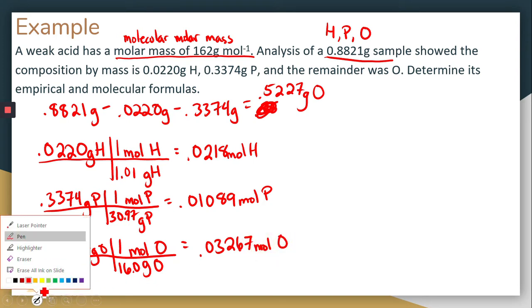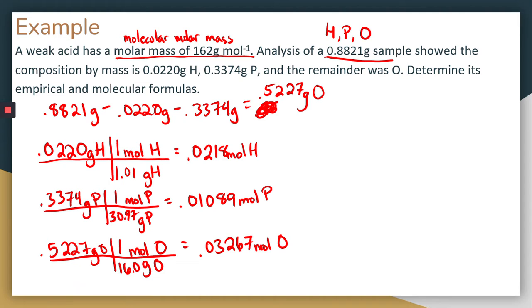All right, so then what we're going to do is divide by the smallest amount of moles. So out of all of these, the smallest is phosphorus. So we're going to divide all of them by phosphorus. So we have 1 phosphorus.